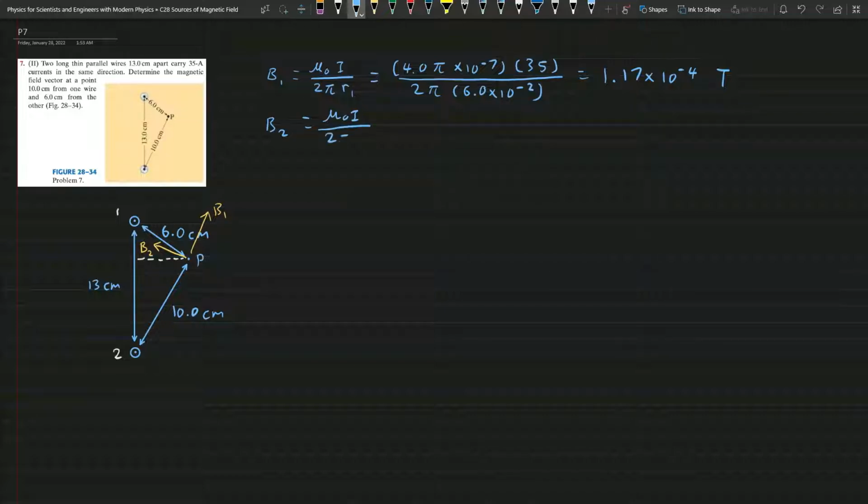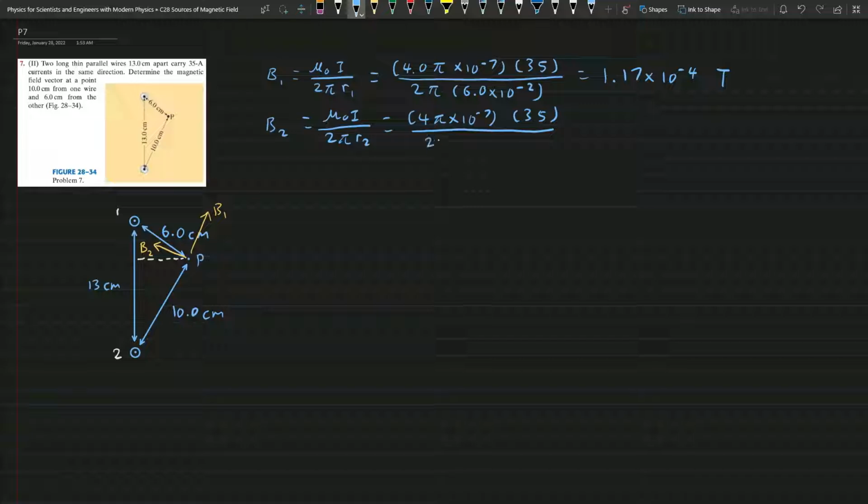B2 is mu naught I over 2 pi R2. This is 2 pi, and now the distance is 10 times 10 to the negative 2, which equals 7.0 times 10 to the negative 5 Tesla.